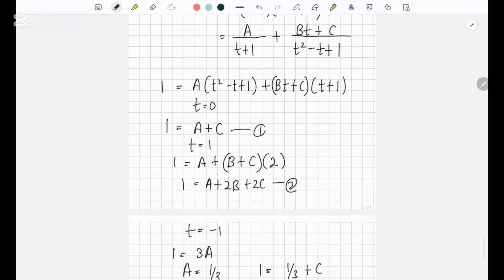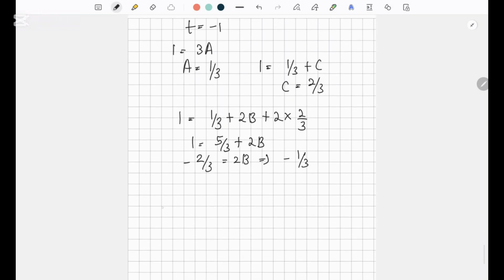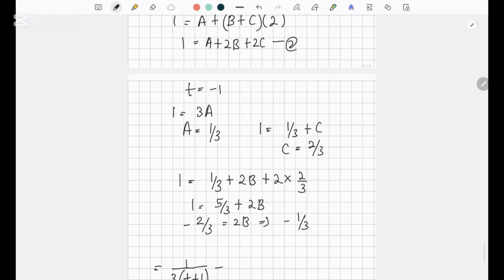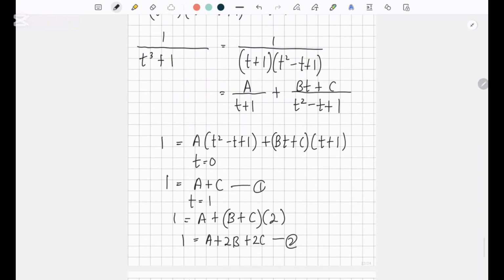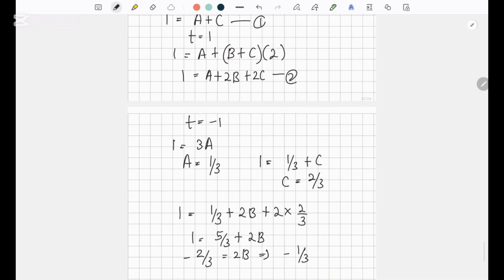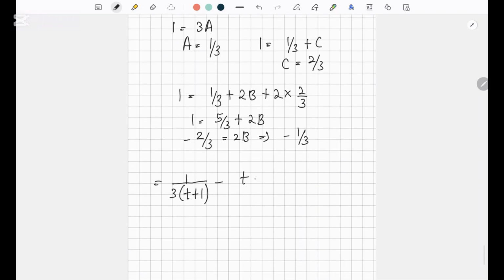Now we found A, B, C. So you could write your partial fraction as 1 over 3 into t plus 1 minus, I'll take the minus out, so it would be t minus 2 over 3 into t squared minus t plus 1.